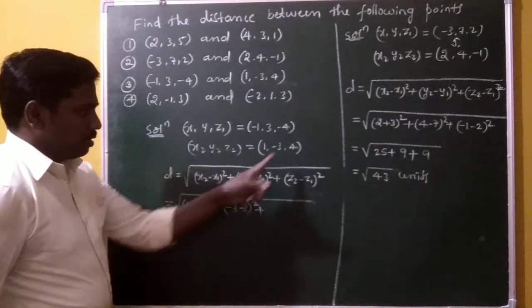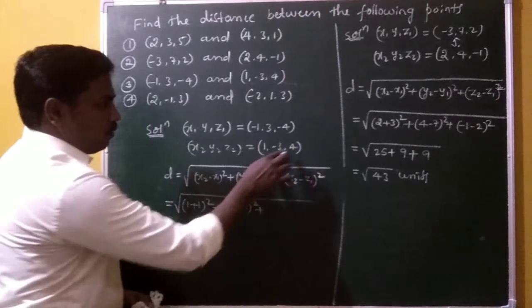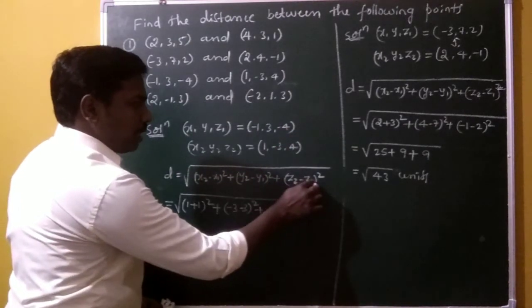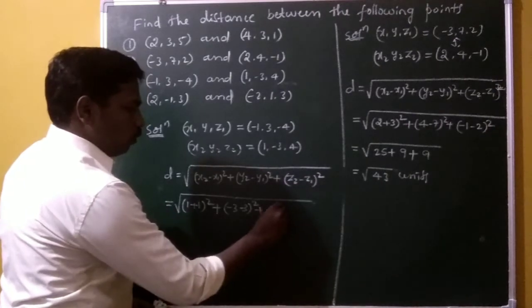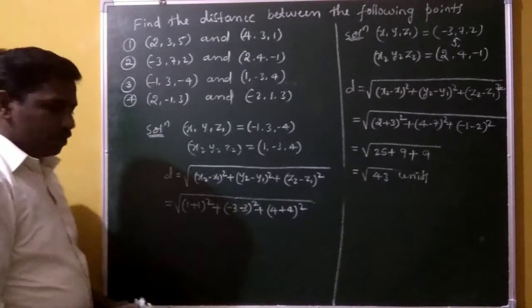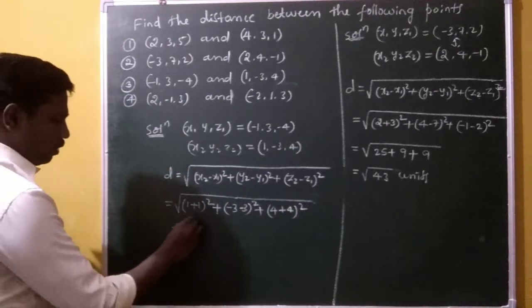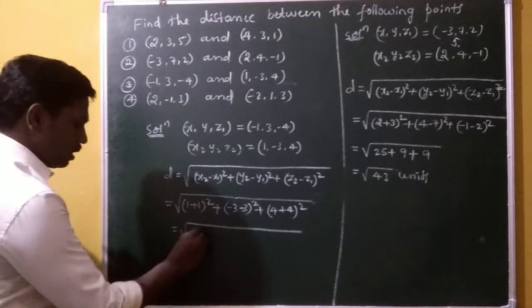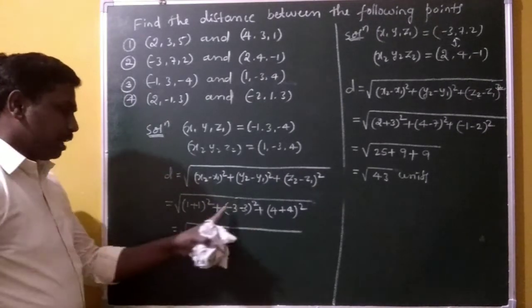Next, z2 minus z1: z2 is 4 and z1 is minus 4, so minus of minus 4 is plus 4, that is 4 plus 4 whole square.